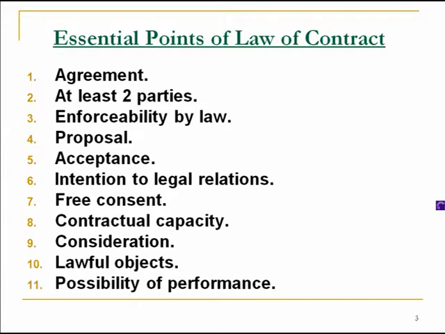If one point is not present in that list, that contract will not be enforced. That will be only an agreement. So you need to understand that these 11 points are essentially required to establish a contract under Indian Law of Contract.